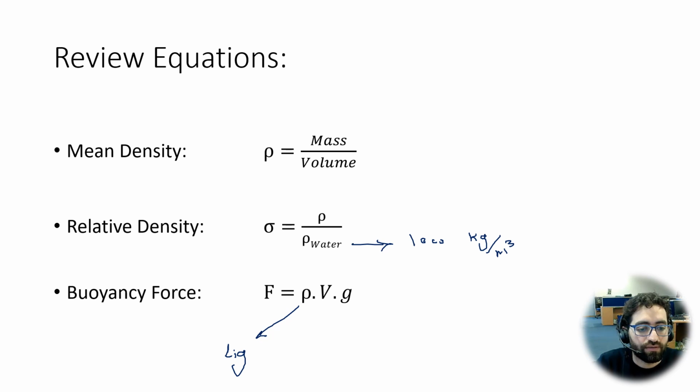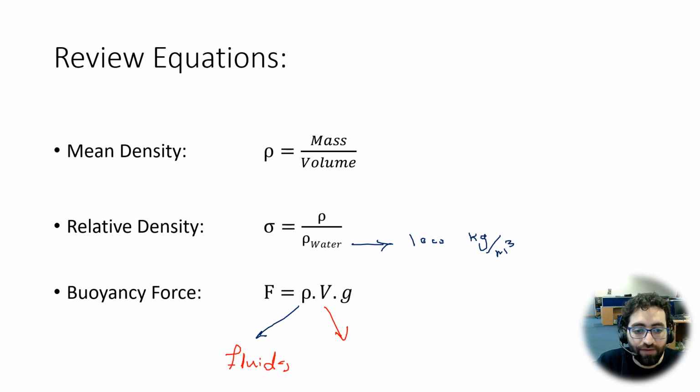Let's say this is the density of the fluids. And what's the V? It's the volume of the displaced liquid. What does it mean? It depends on whether our object is floated or immersed. If it's floated, just the part of our object which is immersed is the volume that should be considered.